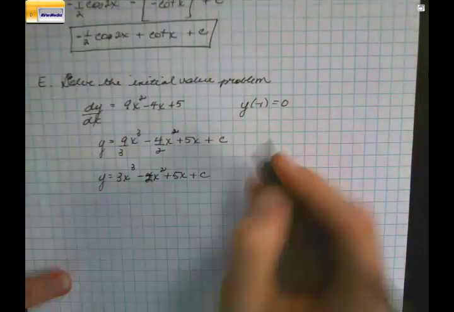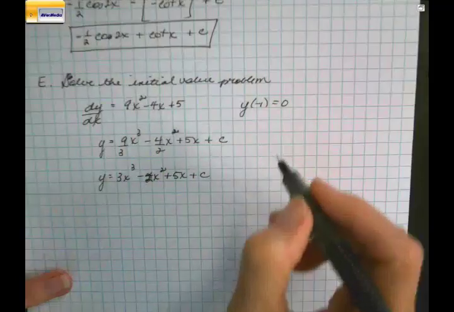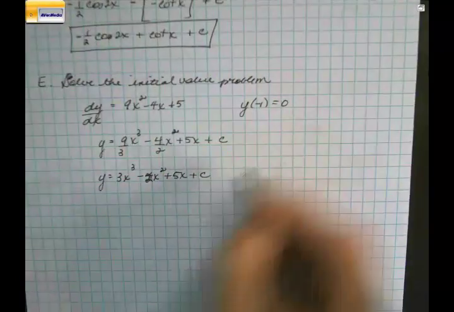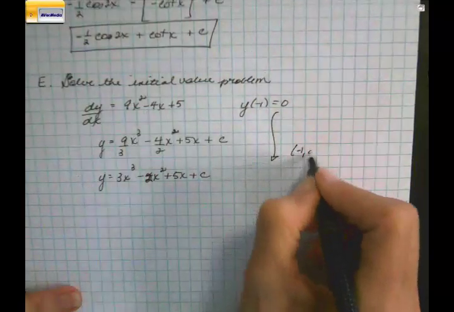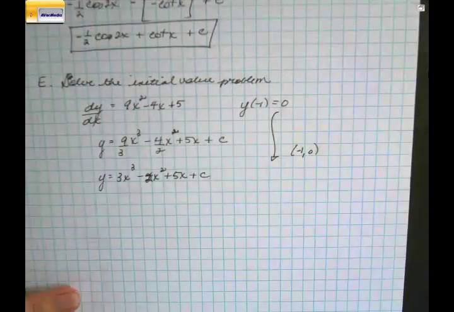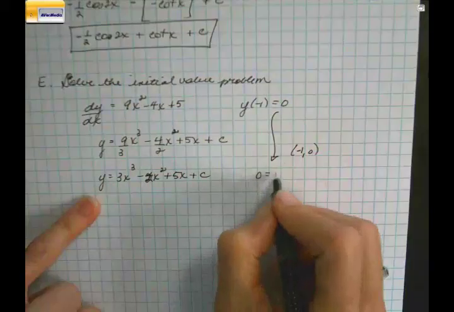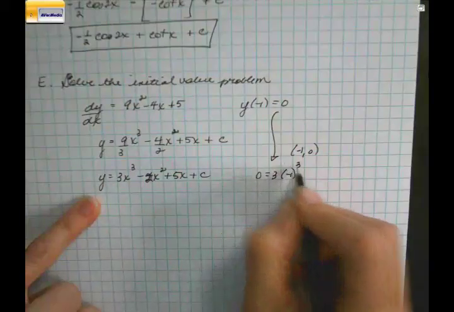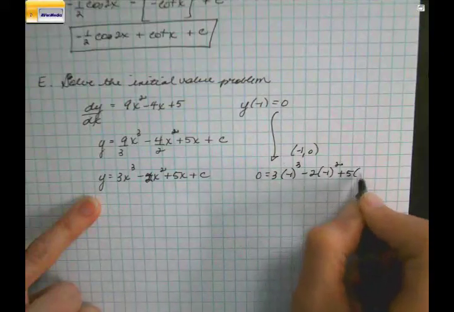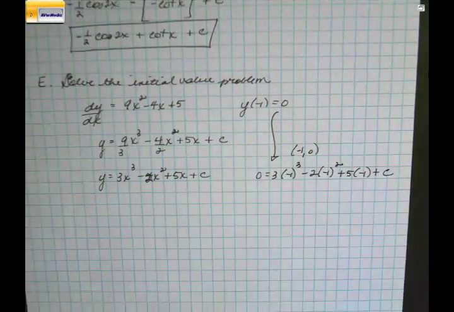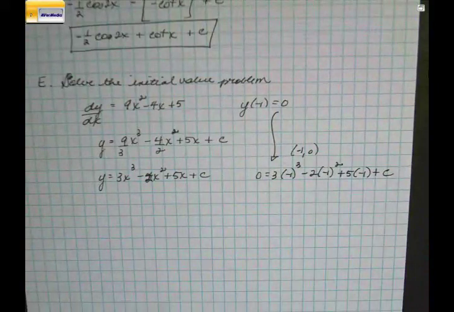Now you're going to solve for c by using this given information, which is the ordered pair negative 1, 0. So replace the y with 0 and the x with negative 1, which will then give you the value for c.